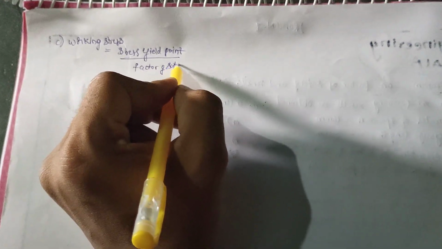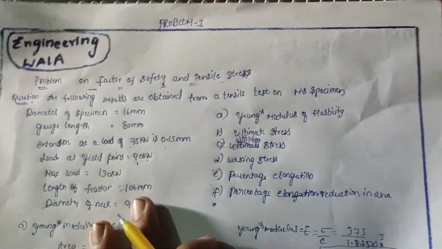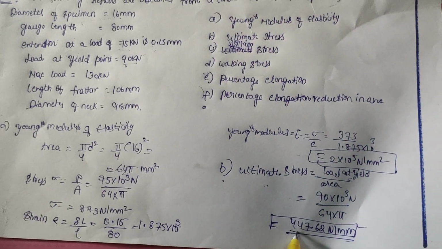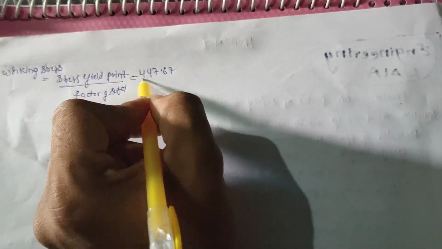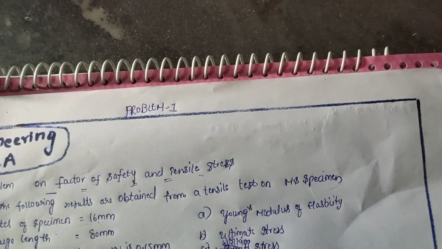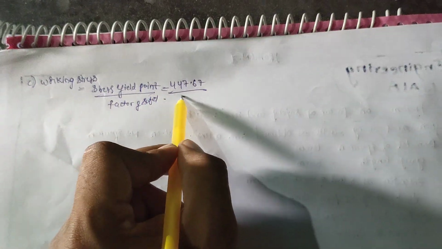Here the stress at yield point is 447.67, so we write 447.67 by FOS. The factor of safety is given as 3.